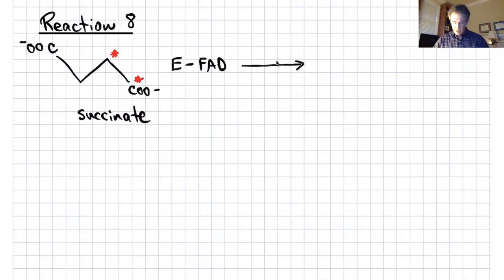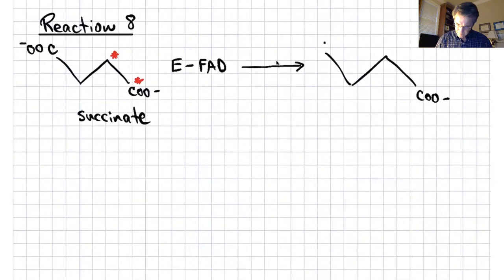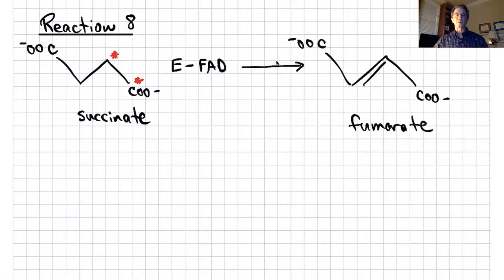And it's going to staple in between that 2 and 3 carbon in the middle of this molecule a carbon-carbon double bond, right? Right here, to create a molecule known as fumarate, right? And at this point, this is a completely symmetric molecule coming out of the backside of this reaction.